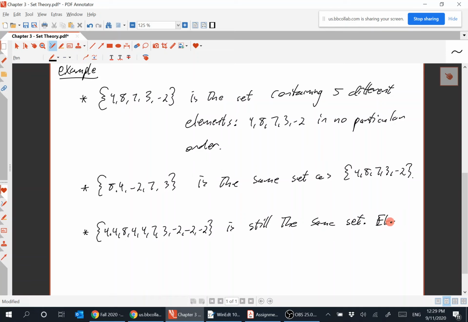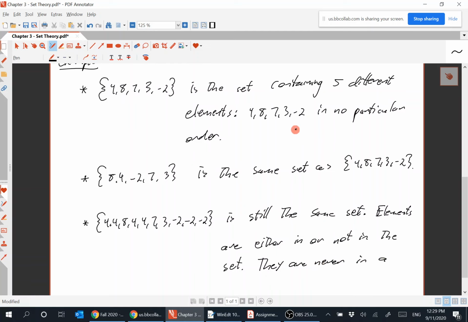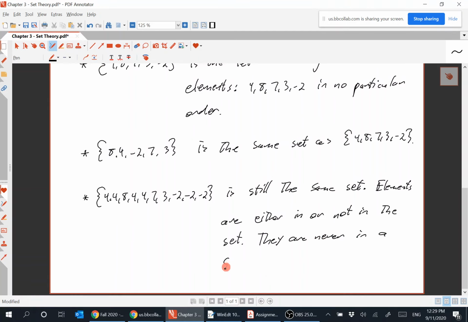Elements are either in the set, okay, they are never in a set multiple numbers of times.